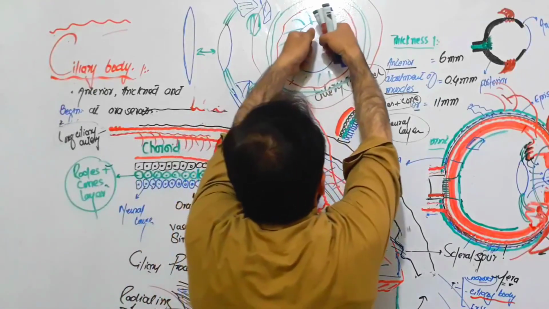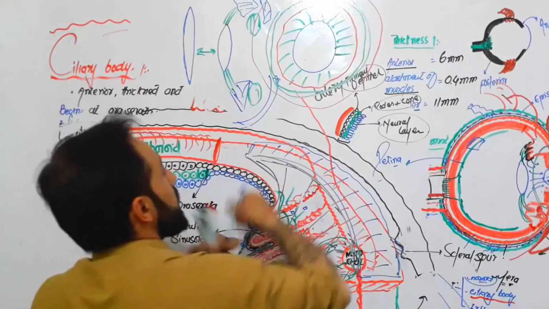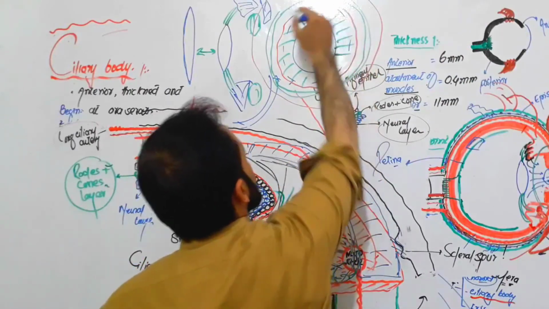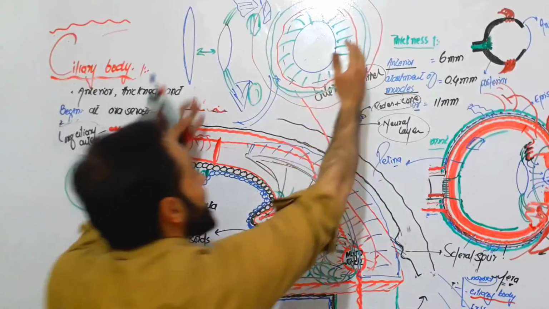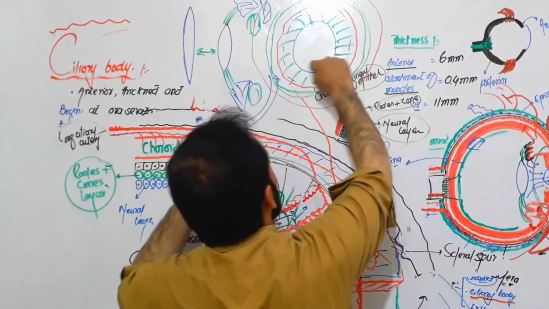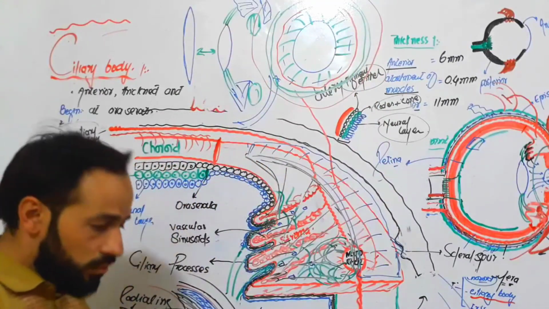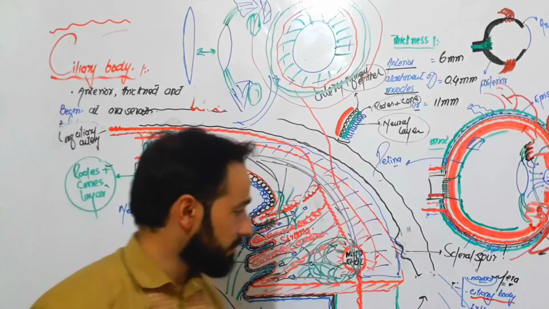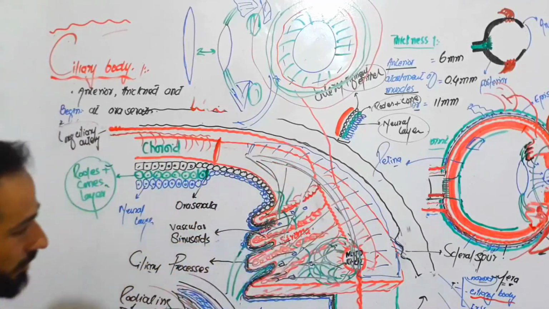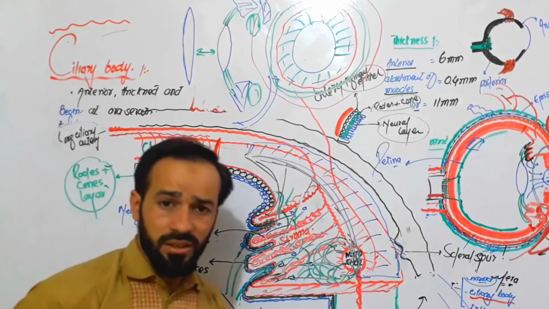So when the lens is pulled, your lens will become like this, and when the muscles are relaxed, the lens will become again like this, shorter. So you will see near and far objects clearly, right? So these were the muscles which are present in your ciliary body.